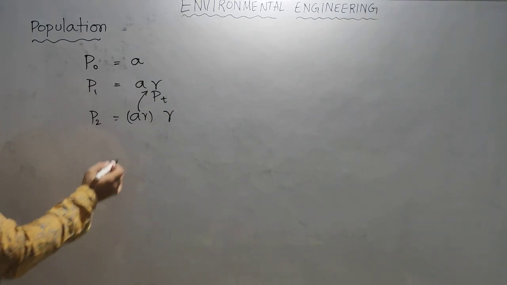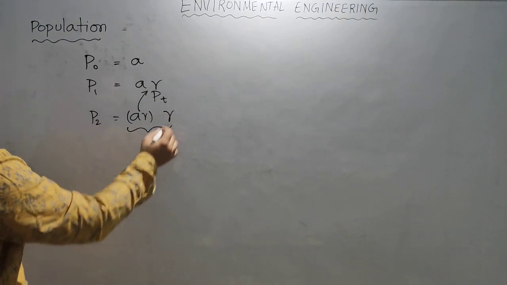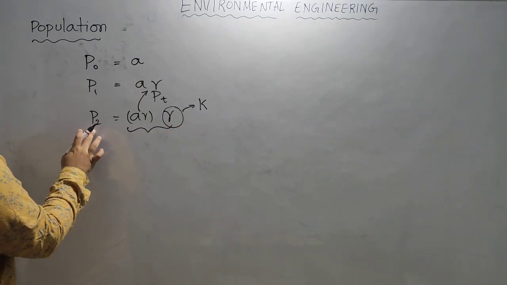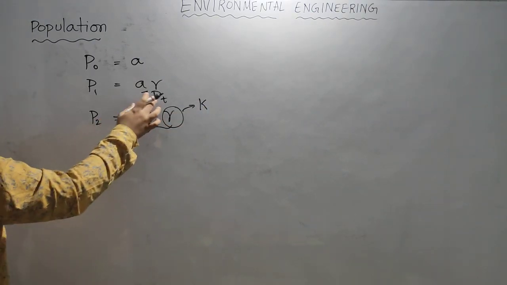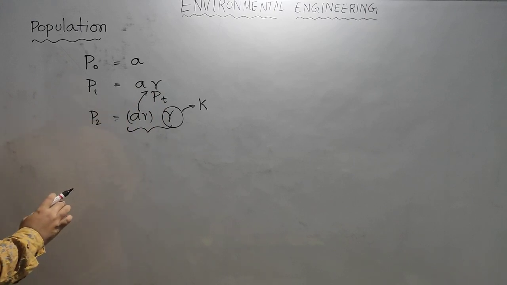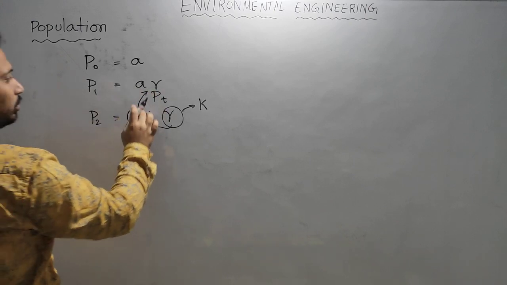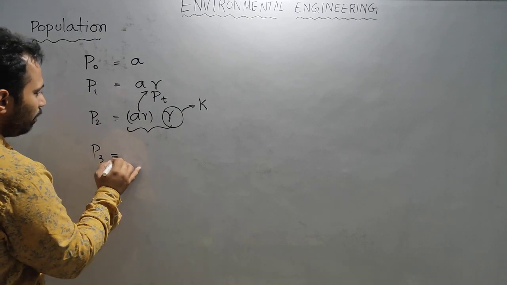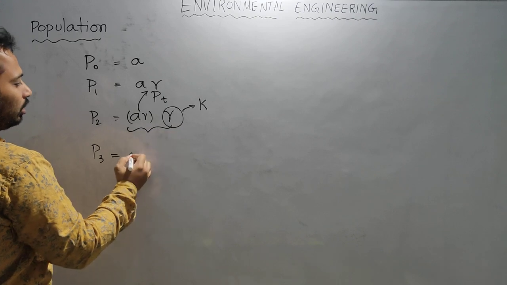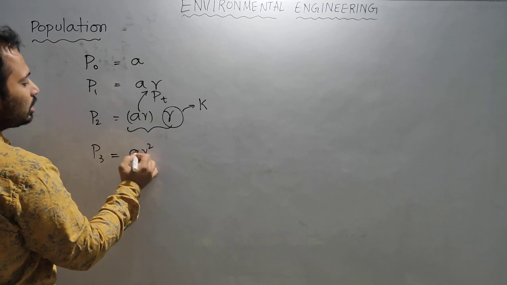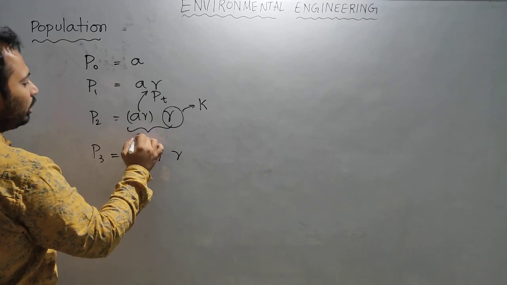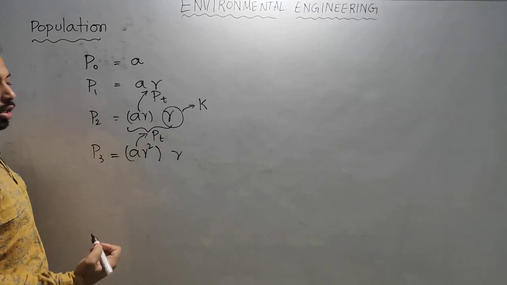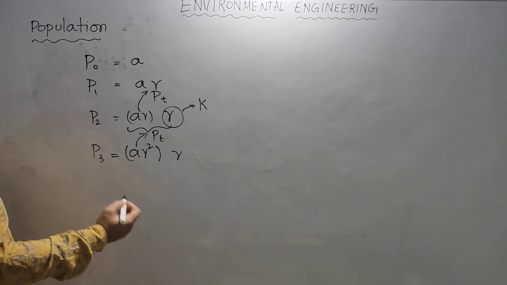This R is a constant. So this next population is proportional to the earlier population Pt. Similarly, the third decade population will be A R squared multiplied by R, which again depends on Pt. So the future population is dependent on the present population.